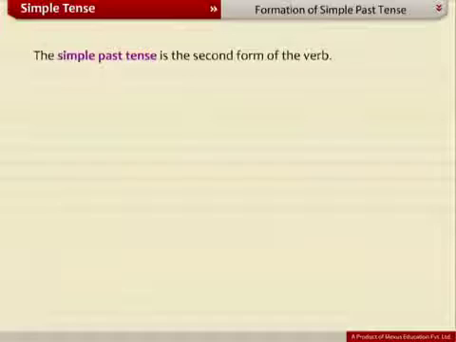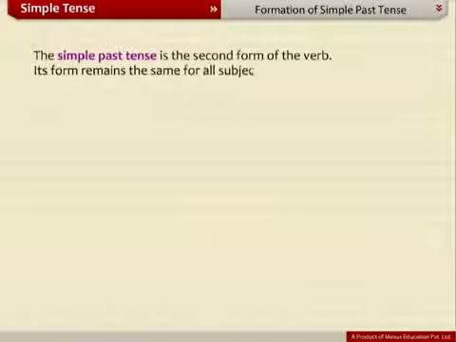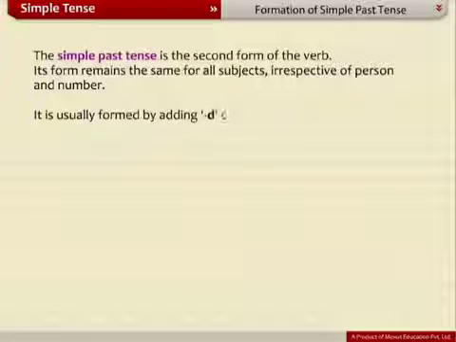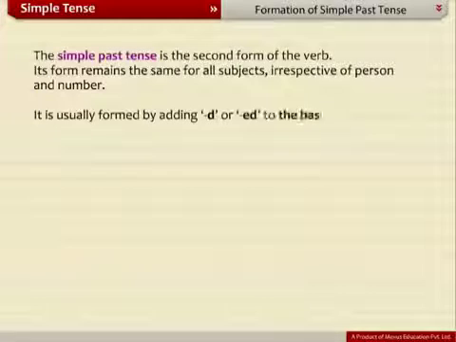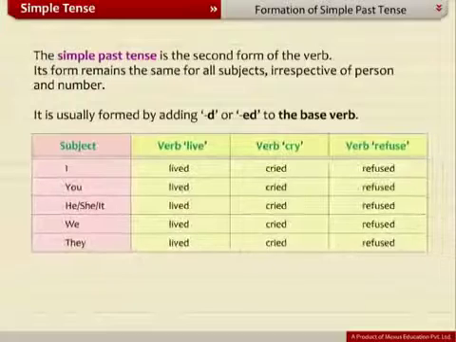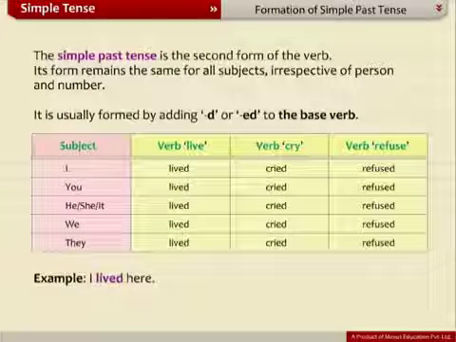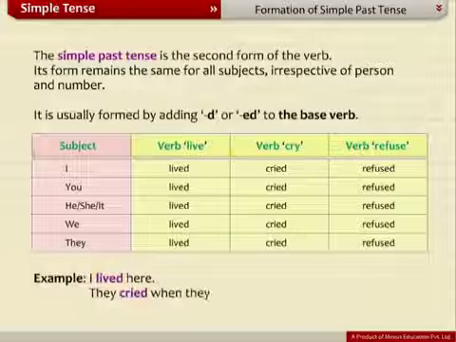The simple past tense is the second form of the verb. Its form remains the same for all subjects, irrespective of person and number. It is usually formed by adding d or ed to the base verb. Example: I lived here.